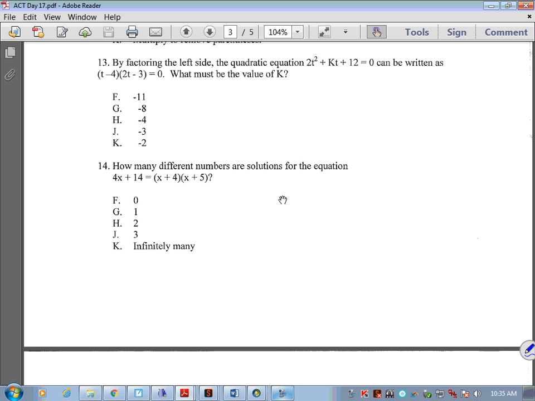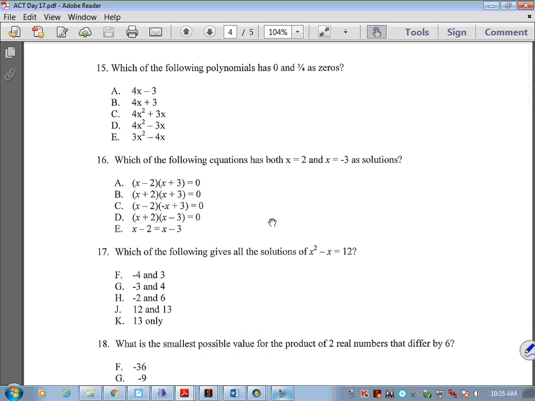Number 13 is F, -11. Number 14 is H, 2. 15 is D, 4x squared minus 3x. 16 is A, x minus 2 times x plus 3 equals 0.